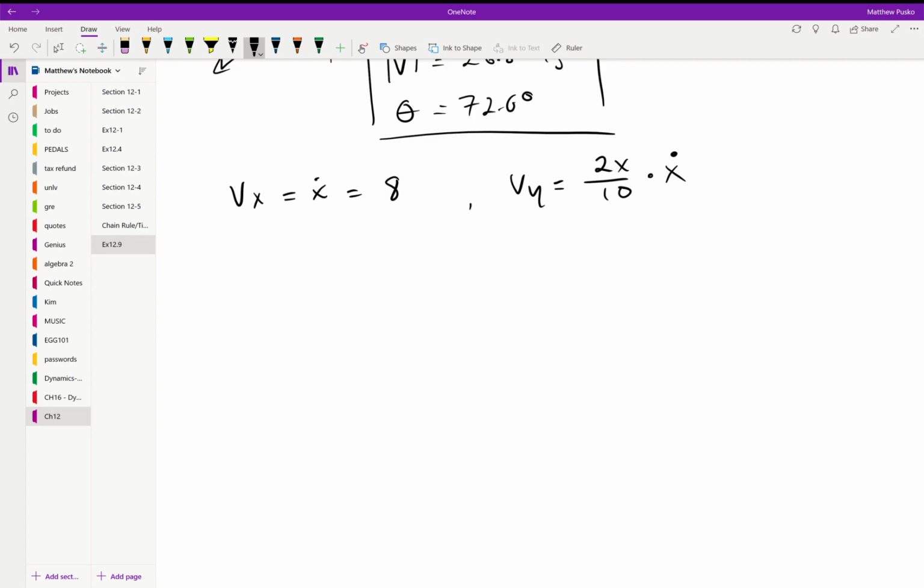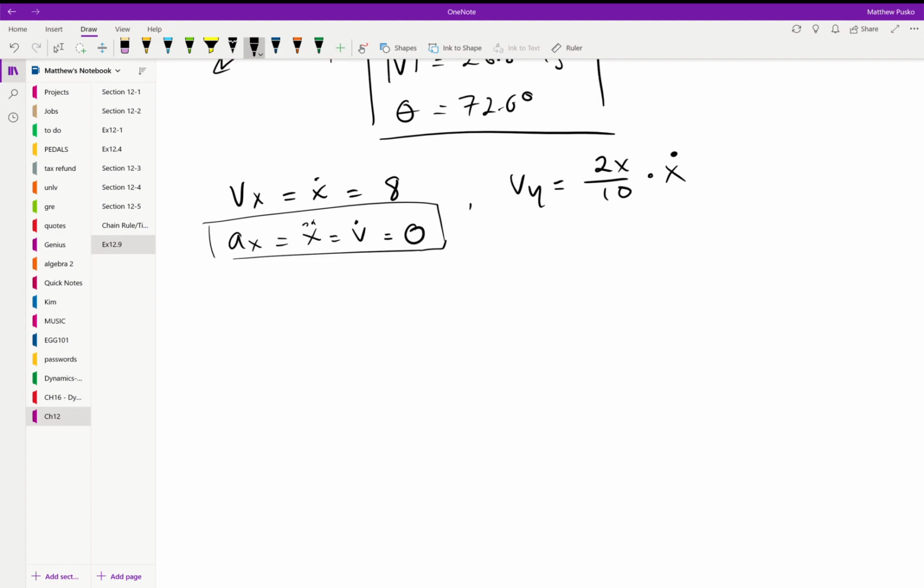We need to take the derivative. I can take the derivative of the x component right away and get x double dot, or v dot, and the derivative of a constant is just 0, so it's not accelerating. We have a constant 0 acceleration in the x direction. It's just cruising. But to take the derivative of the velocity in the y direction to get the acceleration, we'll have to use the chain rule again.